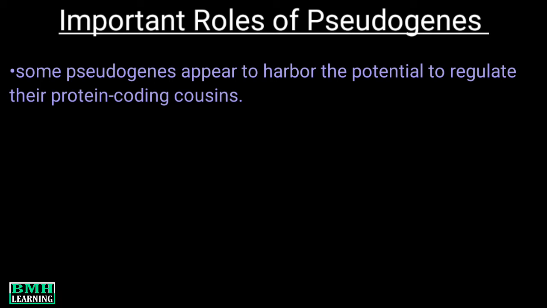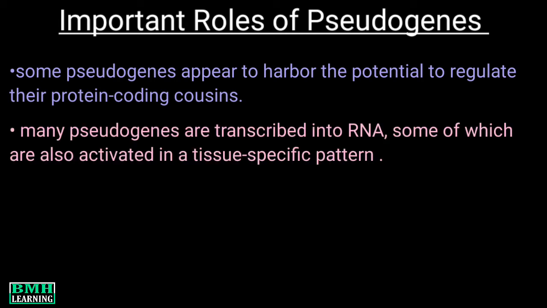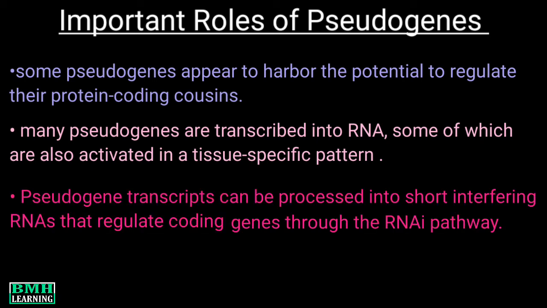It's normally assumed that they are silent relics, but many pseudogenes are transcribed into RNA, some of which are also activated in a tissue-specific pattern. Now there is a finding which suggests that pseudogene transcripts can be processed into short interfering RNAs that regulate coding genes through the RNA interference pathway.